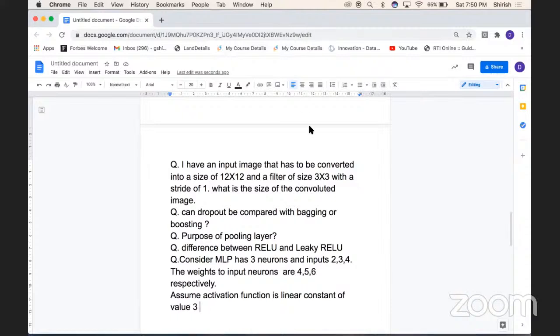What should be the output for this? So you know that it is 2 into 4 plus 3 into 5 plus 4 into 6.